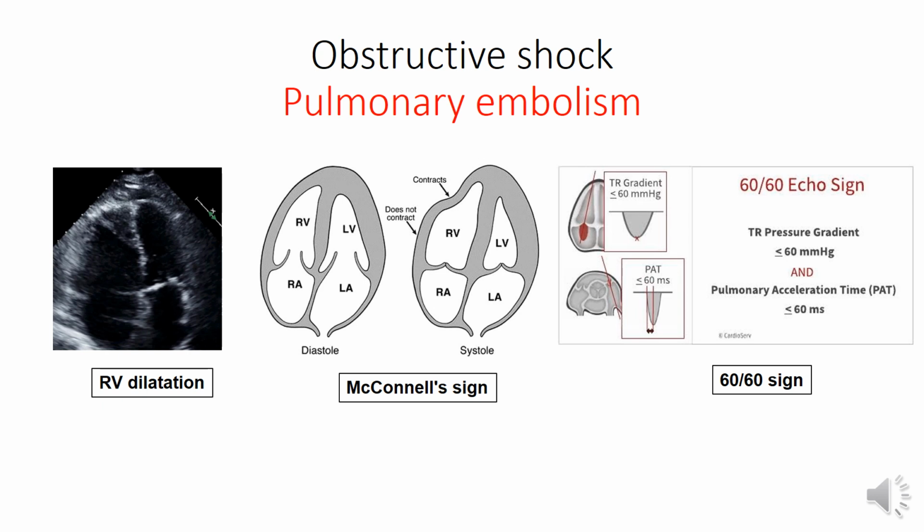Another sign is an akinetic or dyskinetic RV free wall with only the RV apex moving, the McConnell sign, and a third clue, which is the 60/60 sign, from tracing the RV systolic pressure with continuous wave Doppler over the tricuspid valve at the apical 4-chamber view, and tracing the pulmonary acceleration time at the short axis great vessel view using continuous wave Doppler. If you get both readings below 60, we have the 60/60 sign, a third sign that might help you in the diagnosis of such.